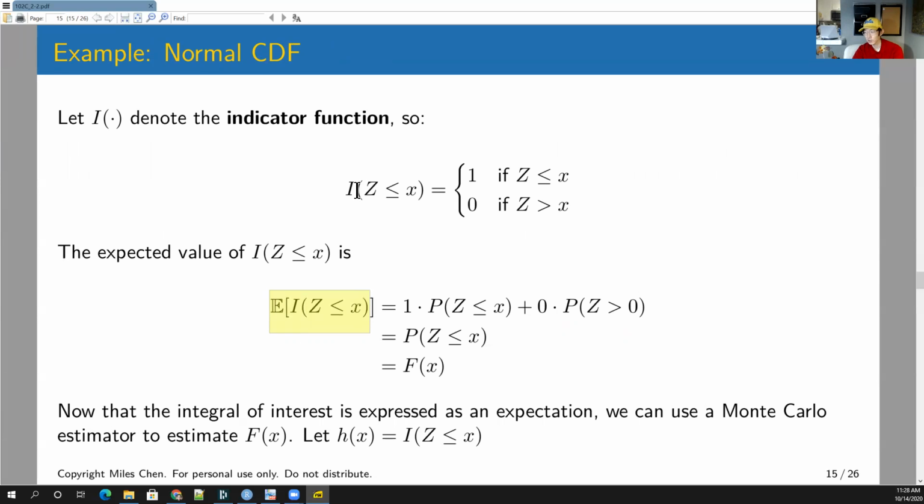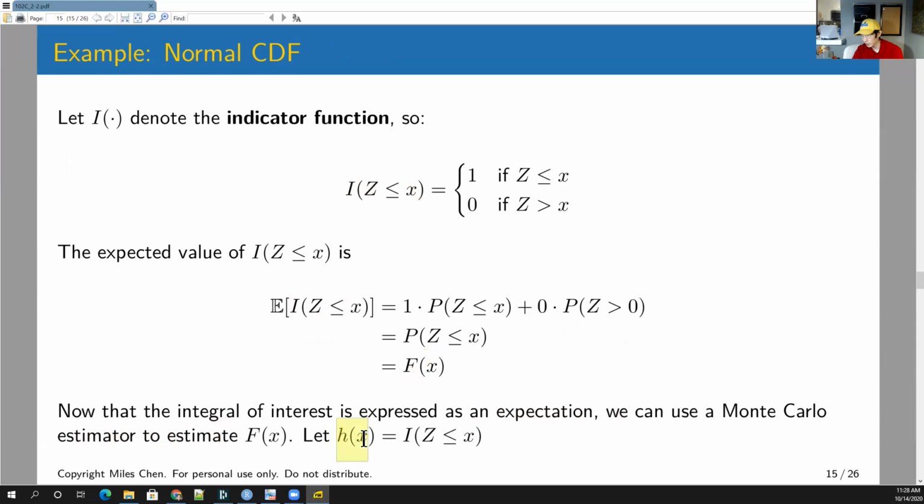The expectation of this indicator function is equal to the standard normal CDF. Now that we've expressed the function as an expectation, we can use the Monte Carlo estimator to estimate it.